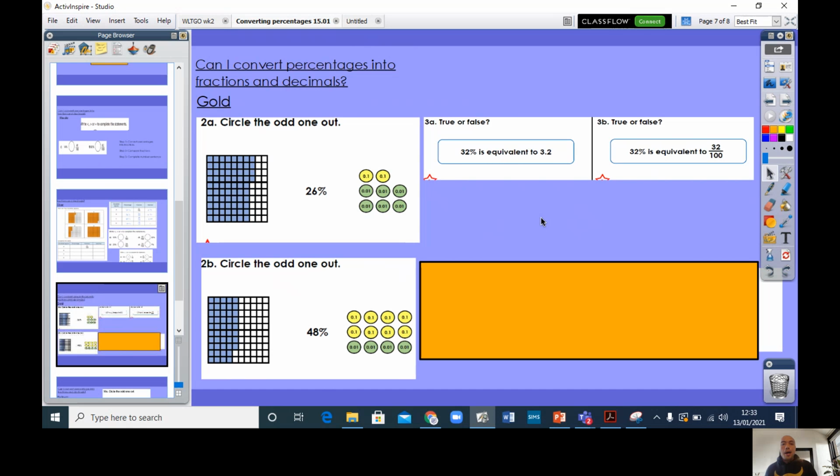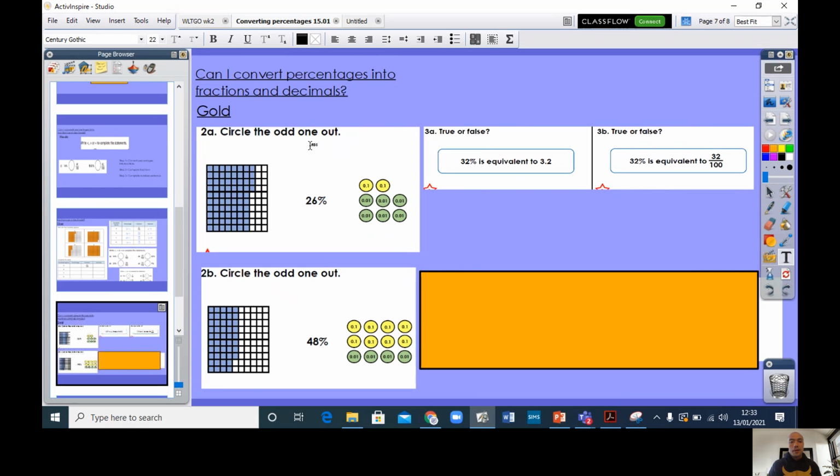Okay, brilliant. Here are the gold questions. Where it says circle the odd one out, if you need to draw this square, what I would recommend instead is, if you think it's the 100 square, just write 100 square. That will be a lot quicker than actually having to draw it out.